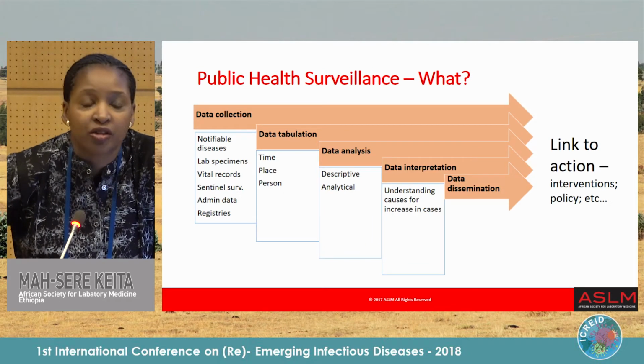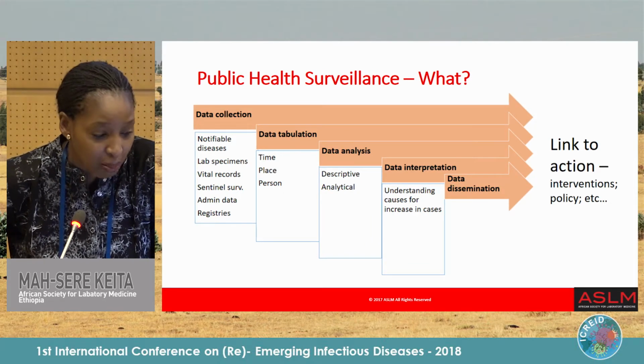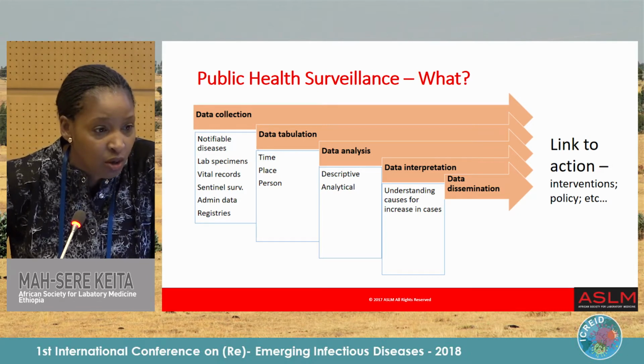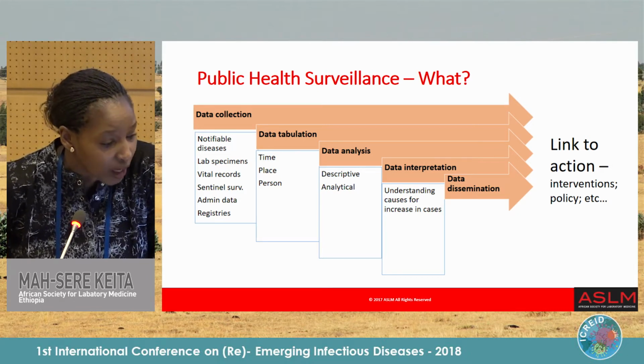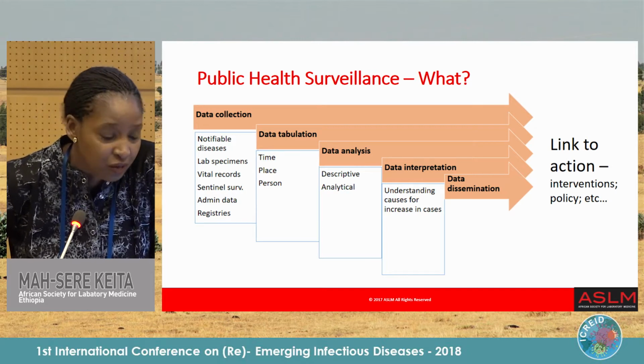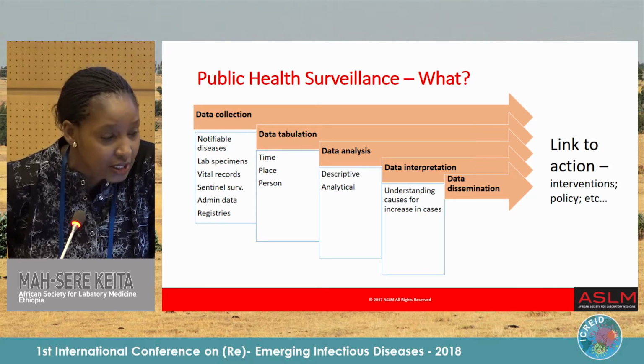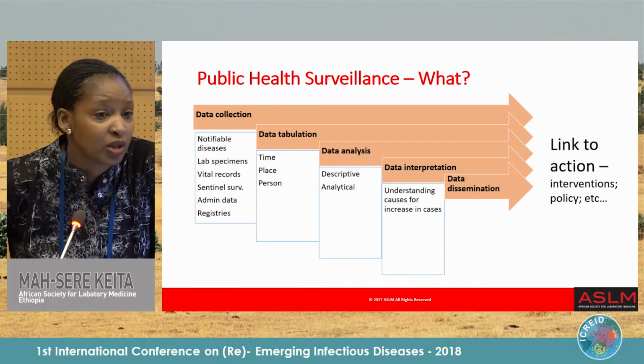What does public health surveillance entail? It's a process that involves mainly data collection, which can be collected in many different ways: from laboratory specimens, from vital records, from sentinel surveillance, from administrative data, from registries, from the WHO notifiable diseases. It involves data tabulation.